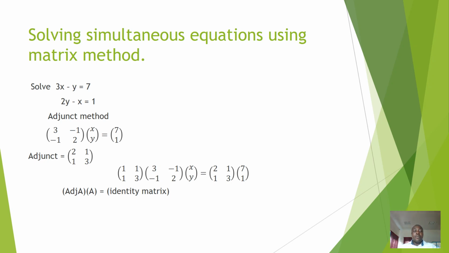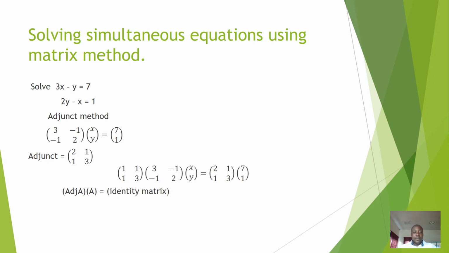So we form a matrix equation. When we are forming a matrix equation, we create one column of x and another column of y. So in the column of x, we put the coefficient of x. For equation 1, we have a 3. Equation 2, we have a -1.